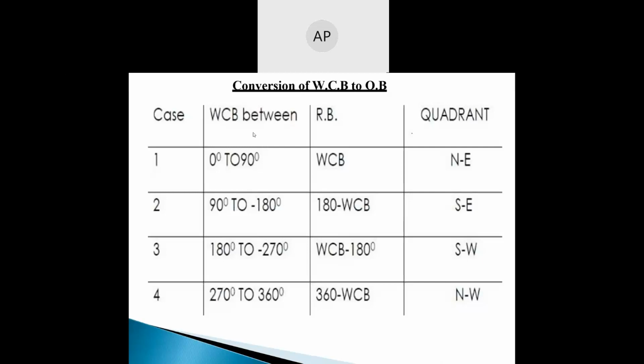Suppose in an example, in whole circle bearing, we have got angles from 0 to 90 degrees. Then its quadrant will be northeast. If it is 90 to 180 degrees, its quadrant will be what?